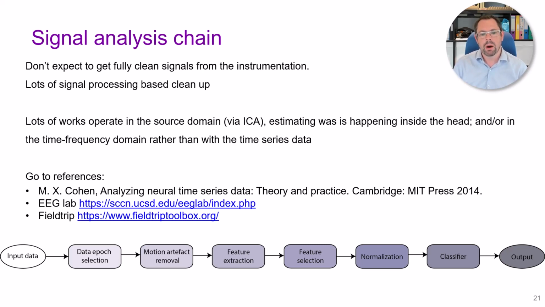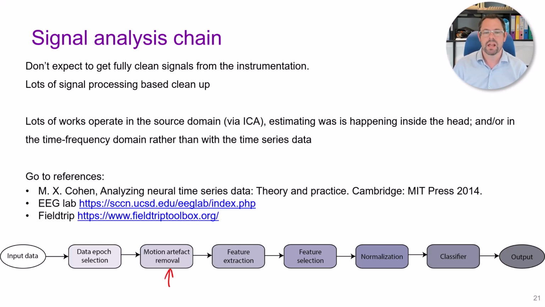The general pipeline for what people would do is on the screen here, and again some starting references, because you could easily have an entire course, not just a lecture, on EEG signal processing. I think the key step most people will need to look at is artifact removal.